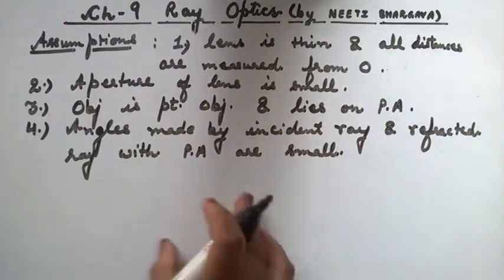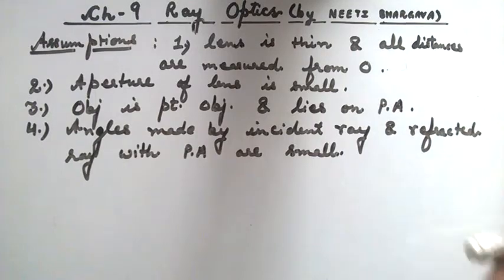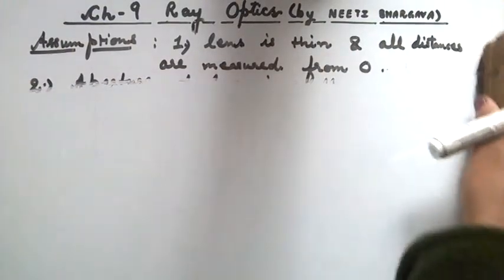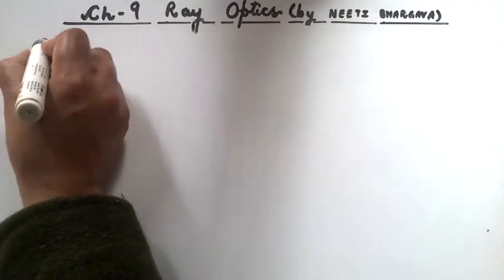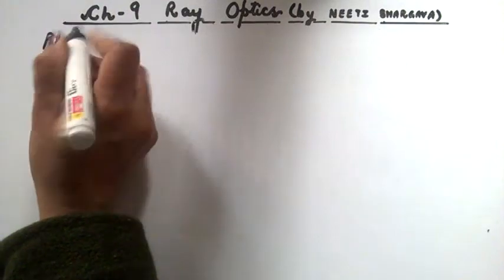Now let's derive the lens maker's formula for a convex lens first. Prove or derive.